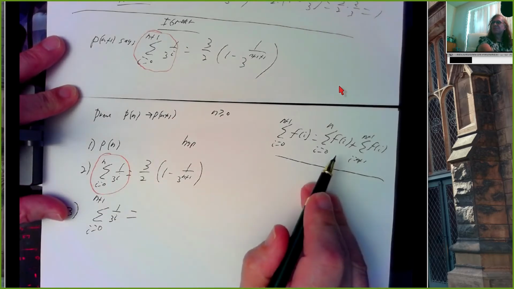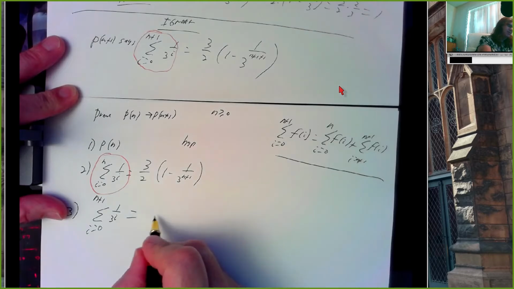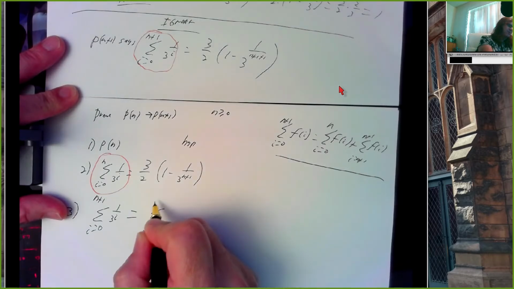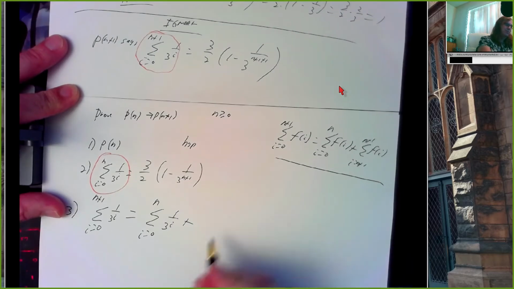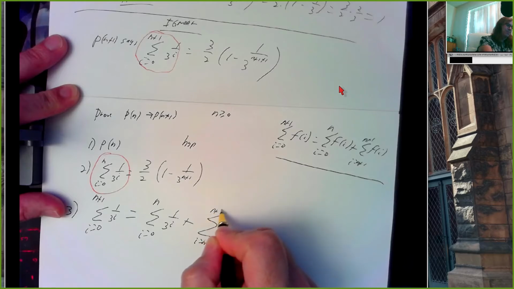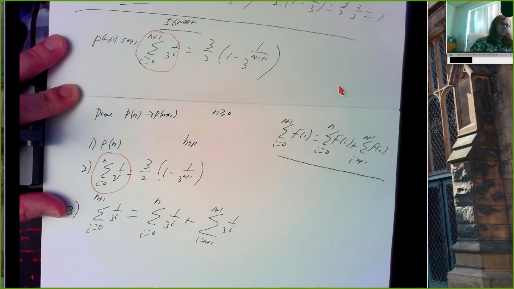So I can use this property of summations and say this is equal to the sum from 0 to n of 1 over 3 to the i, plus this kind of silly sum, the sum from n plus 1 to n plus 1 of 1 over 3 to the i.